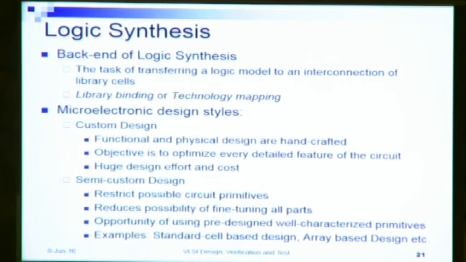But this also gives you the opportunity of handling very large scale designs, and also the opportunity of using pre-designed and well characterized primitives, because these cells or primitives that we have here can be optimized with respect to design, because that will be used in all designs.